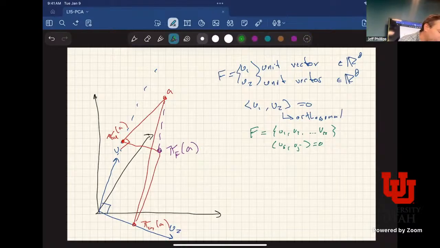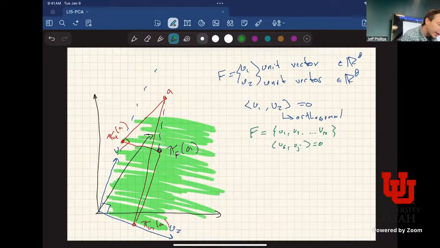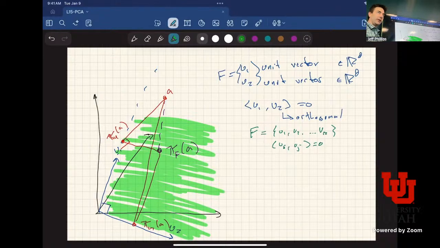There's a subspace going through here, a two-dimensional subspace in green, and I'm projecting onto the subspace here. I can define that subspace by two orthogonal directions, and I can define the projection in this way.